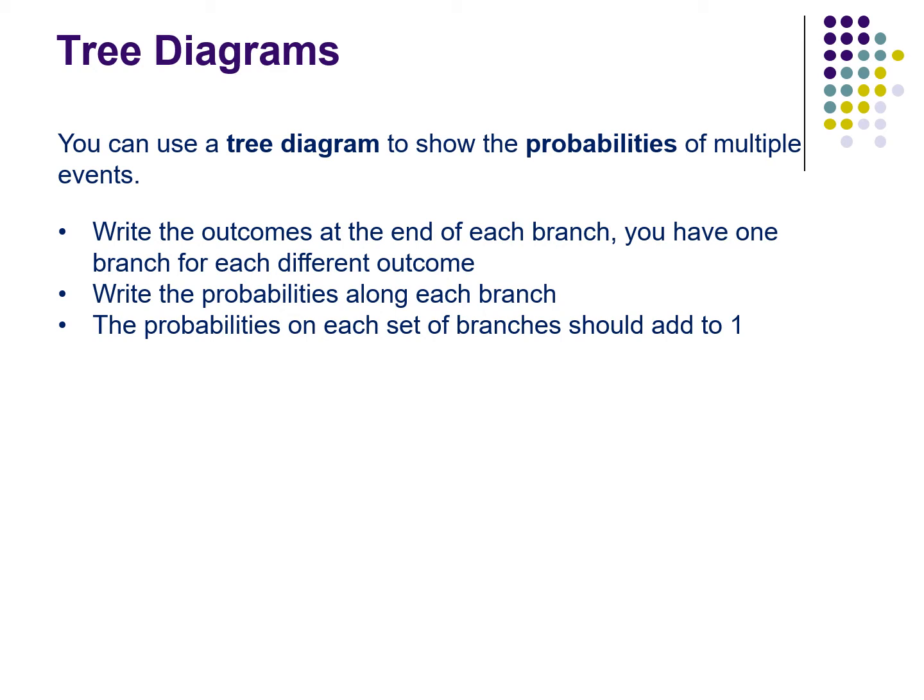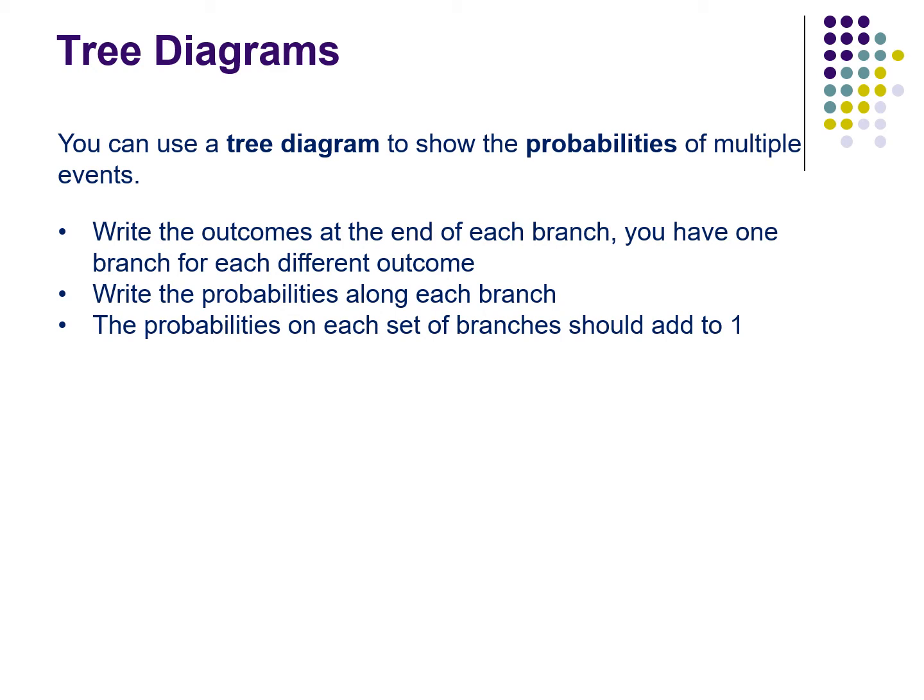Rather than writing the frequencies along each branch, you write probabilities along each branch. Now you can write them as fractions or you can write them as decimals. It really depends on how the question is worded. So we'll have a look at each of those types.